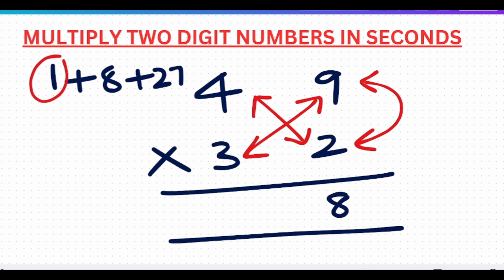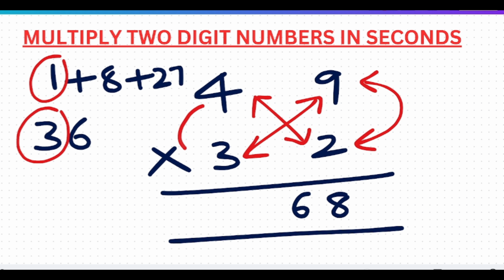So it's 18, we wrote 8, and the 1 is carried over. So now we are adding up all these numbers. 1 plus 8 is 9, 9 plus 27 is 36. Now you write 6 here, and you carry the other digit, right?